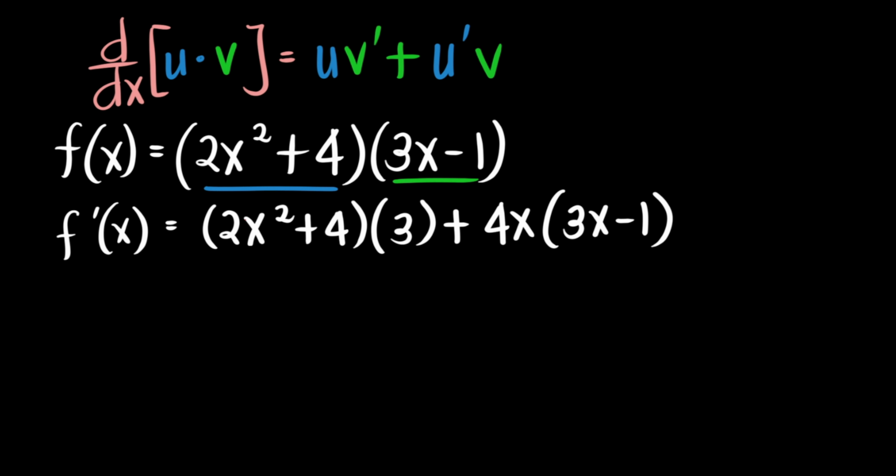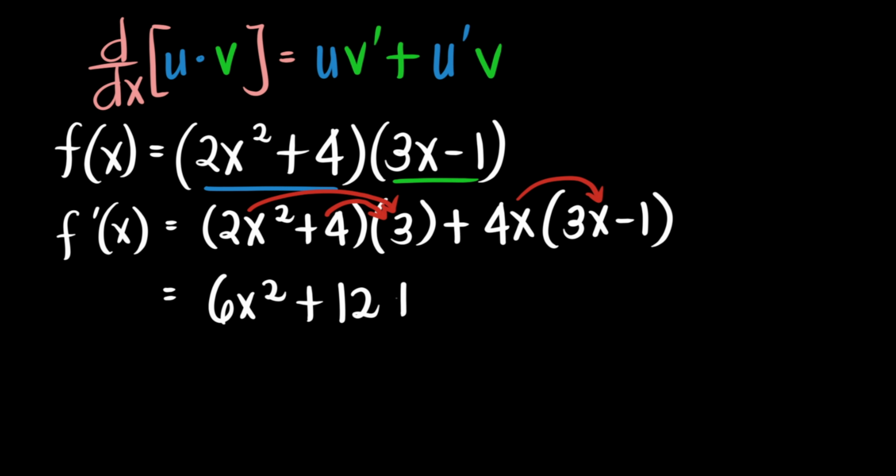Let's distribute 3. We have 2x squared times 3 is 6x squared, plus 4 times 3 is 12. Let's distribute 4x in here. We have 4x times 3x is positive 12x squared. 4x times negative 1 is negative 4x.